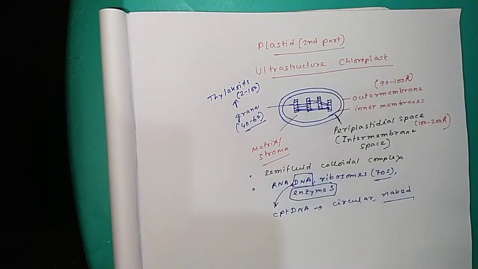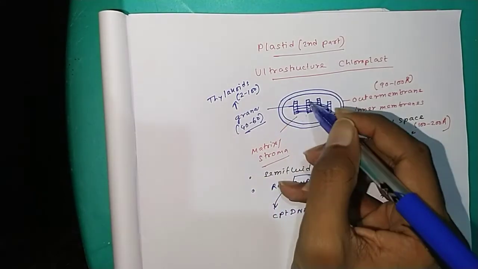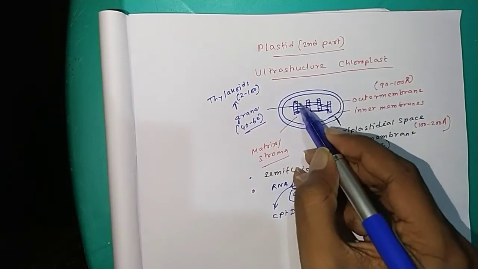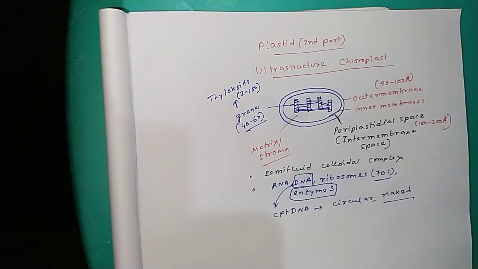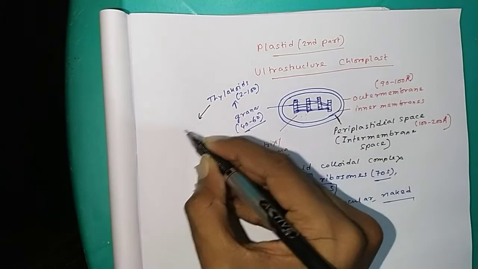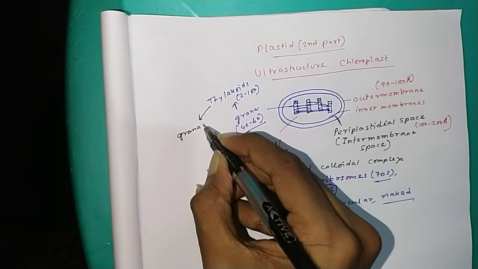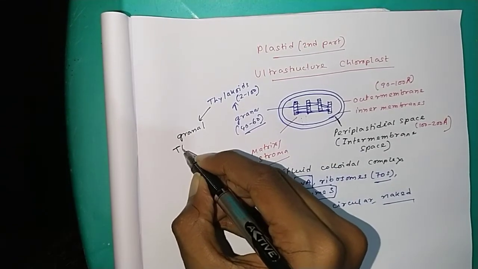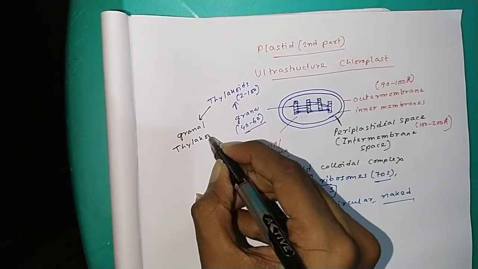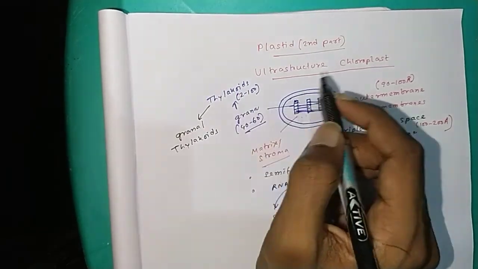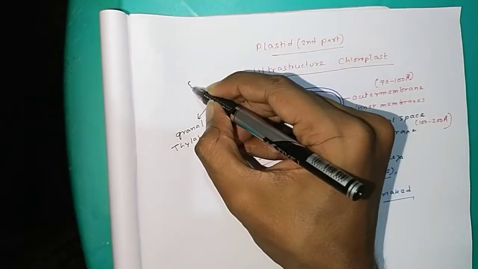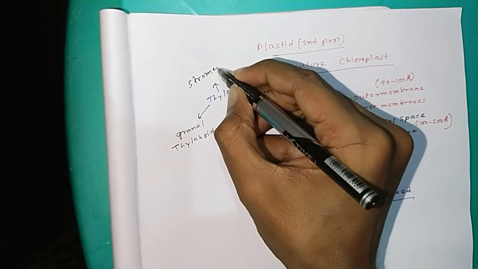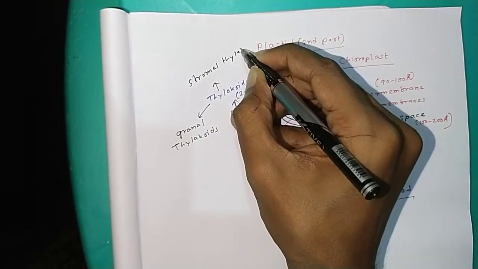Now the thylakoids can be present either in the grana or in the stroma. If the thylakoid is present in the grana, it is called a granal thylakoid. And if it is not present in the grana and instead present in the stroma, it can be called a stromal thylakoid.